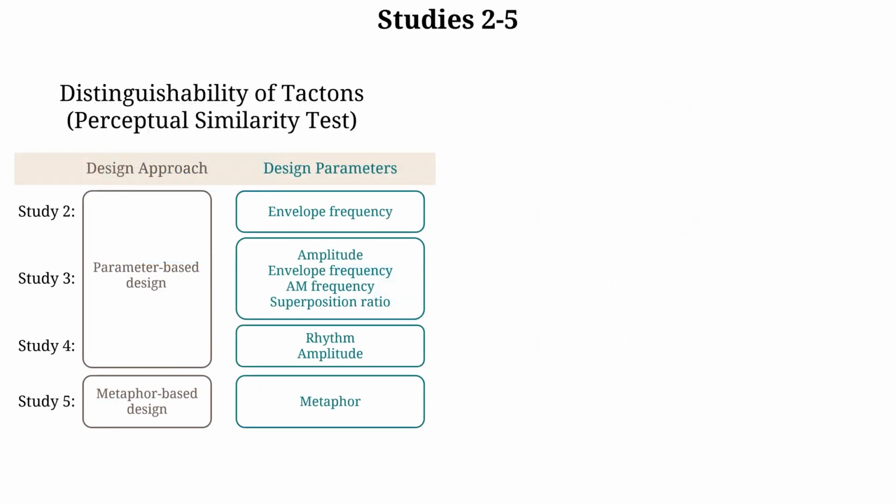Subsequent studies 2 to 5 examined the perceptual distinguishability for the 4 sets of ultrasound tactons. We selected these tacton sets from the mechanical tacton literature considering various design approaches and design parameters. We then created corresponding ultrasound tactons that vary on parameters of sinusoids, rhythms, and complex waveforms.